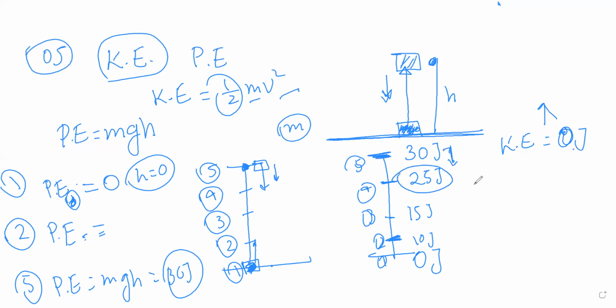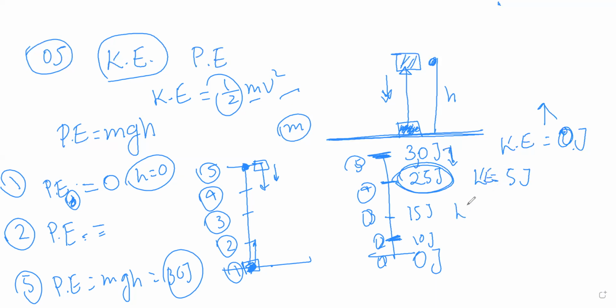So in position 4, what will be the kinetic energy? 5 joule. Why? Because of the conservation of energy I already mentioned: energy cannot be created or destroyed. So if this 30 joule becomes 25 joule, we are losing 5 joule. This 5 joule is converting into kinetic energy.